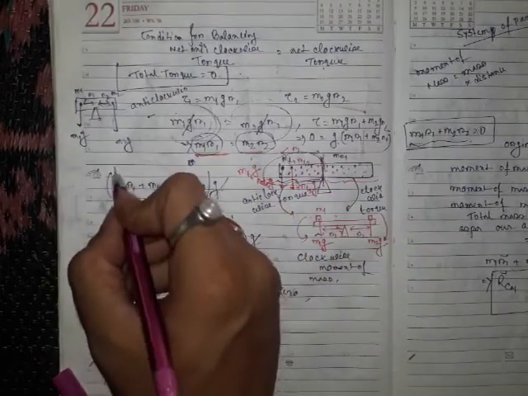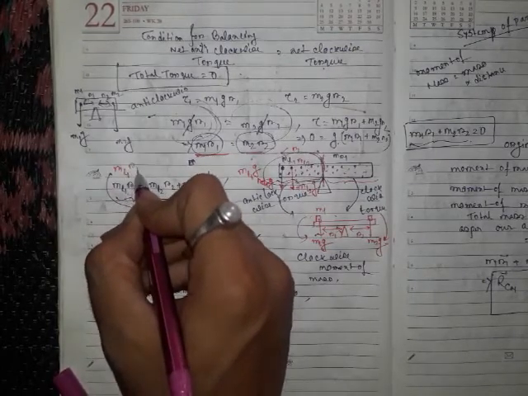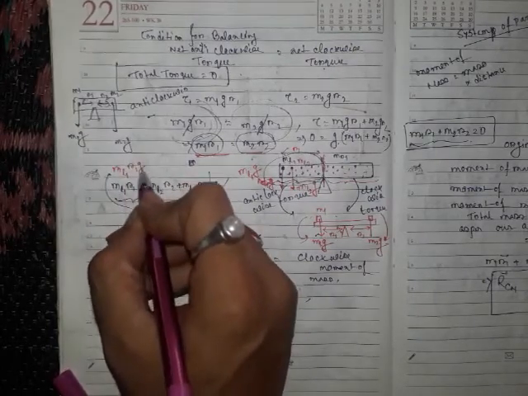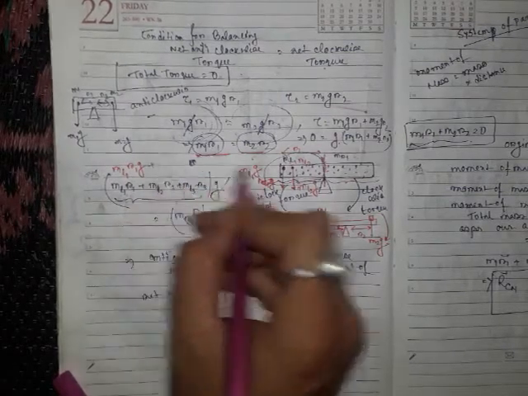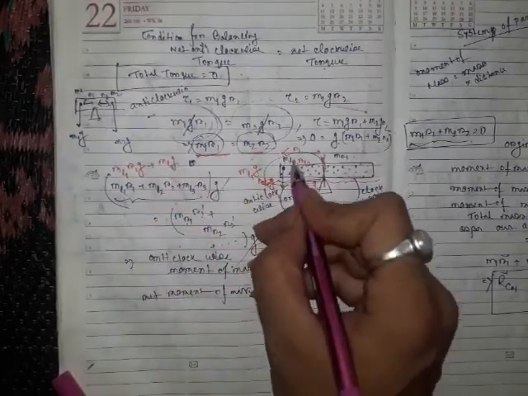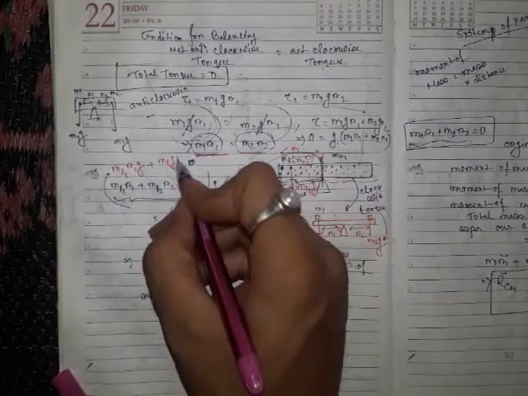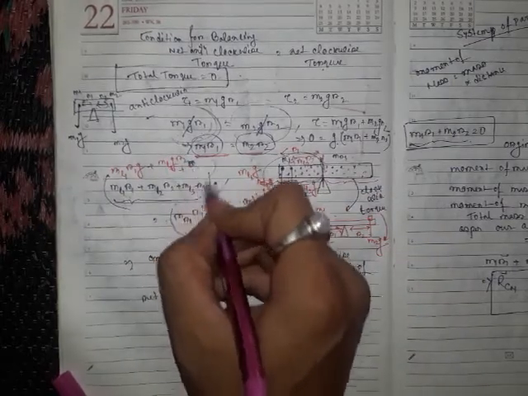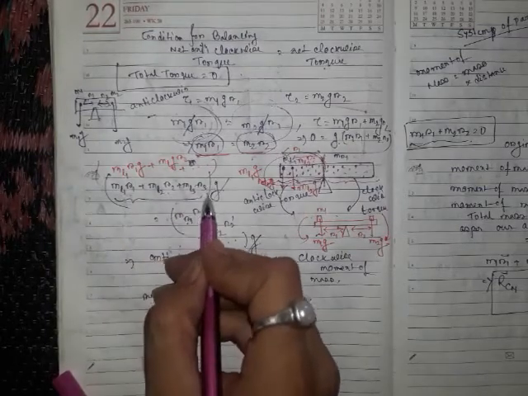So this one will have a torque ml1 r1 into g. ml1g is the force and r1 is the distance, plus the second mass has the weight of ml2g and it is at a distance r2 from the fulcrum, and so on. So we will get ml1 r1 plus ml2 r2 plus ml3 r3, into g.